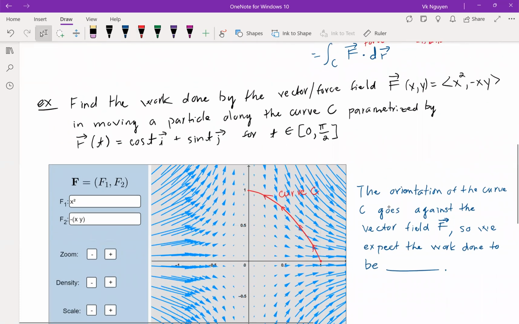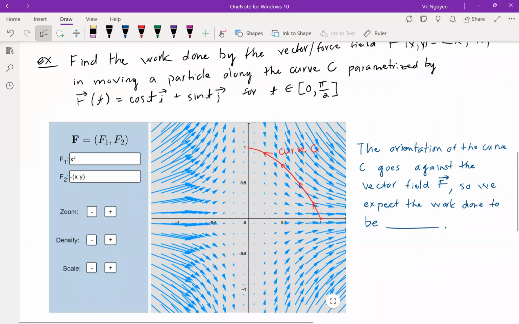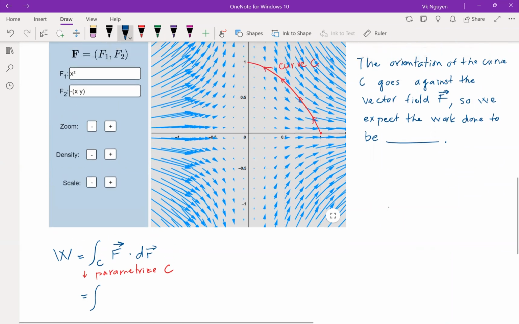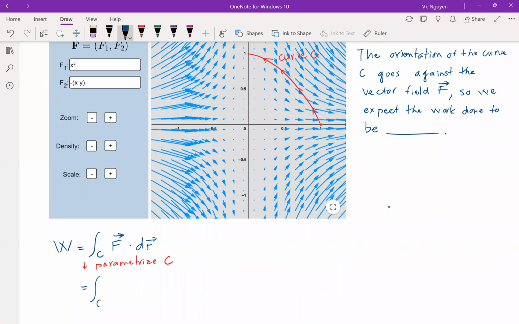So it's going to be F of r(t), with t going from 0 to pi over 2, right?